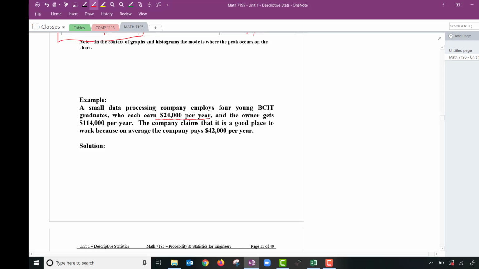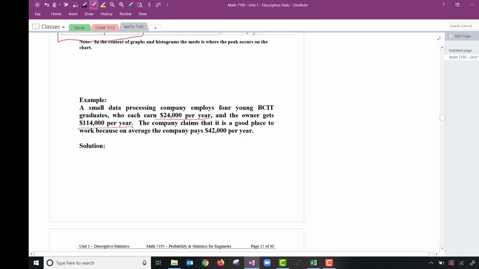The owner of the same company makes $114,000 a year. The company then puts an ad in the newspaper or online and says, hey, come work for us. The average salary is $42,000 per year.